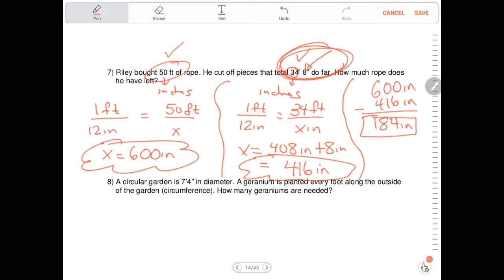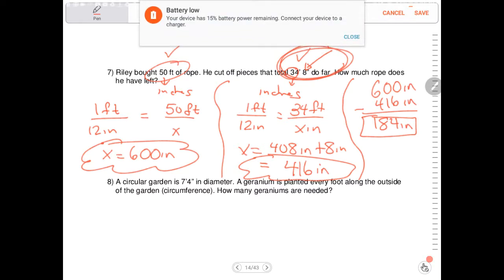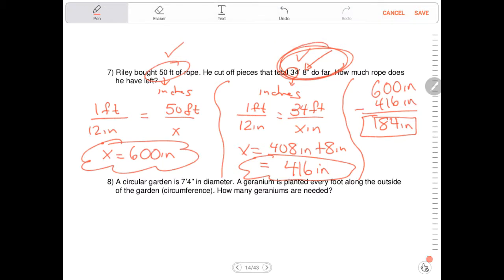Now, someone might be saying, well, could we have done this another way? I changed everything into inches. Could I have changed everything into feet? The answer is yes, I could have done that. I could have stayed everything in feet, and my answer would have been in feet.